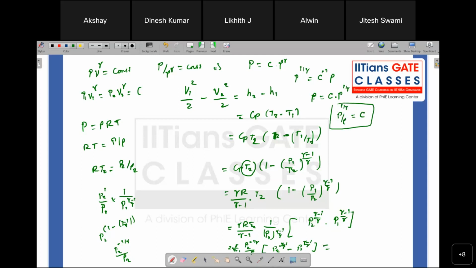So I can treat gamma as constant, and all these terms as a constant times P2 to the power of gamma minus 1 by gamma minus P1 to the power of gamma minus 1 by gamma. So if I look back, the left hand side is V1 square by 2 minus V2 square by 2. The right hand side is some constant times this one.